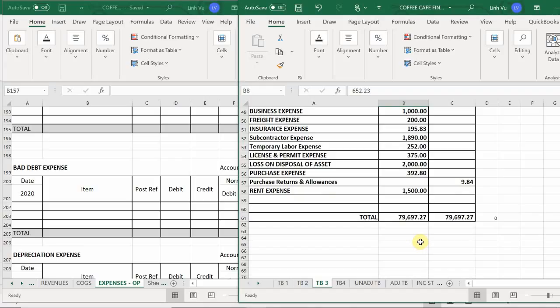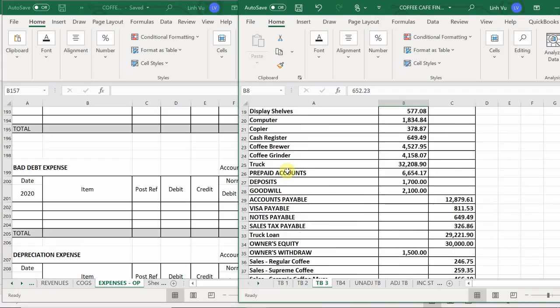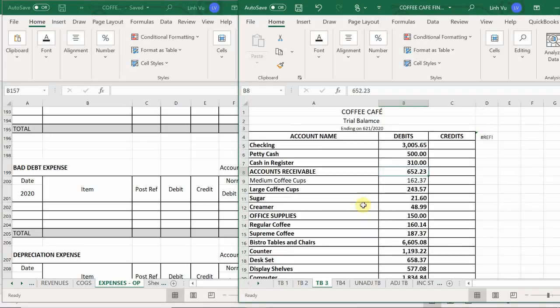Okay. Any questions in regards to anything that we just saw today? No. Okay. Now, if you notice that a lot of the things that we typed up here, I'm going to show you an easier way, a shortcut to save yourself from typing all of this in here. I'm going to show you next time when we do our trial balance that we're going to make a copy of this spreadsheet. And so then that saves us time typing all those accounts in.